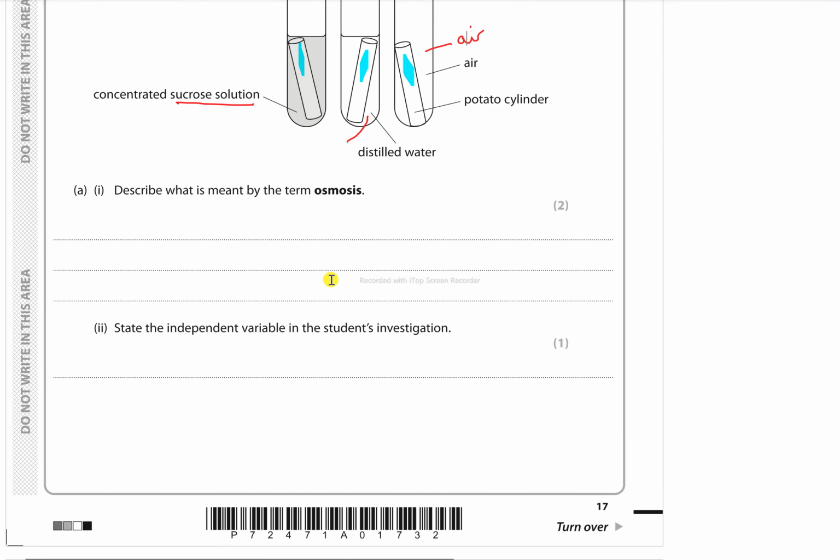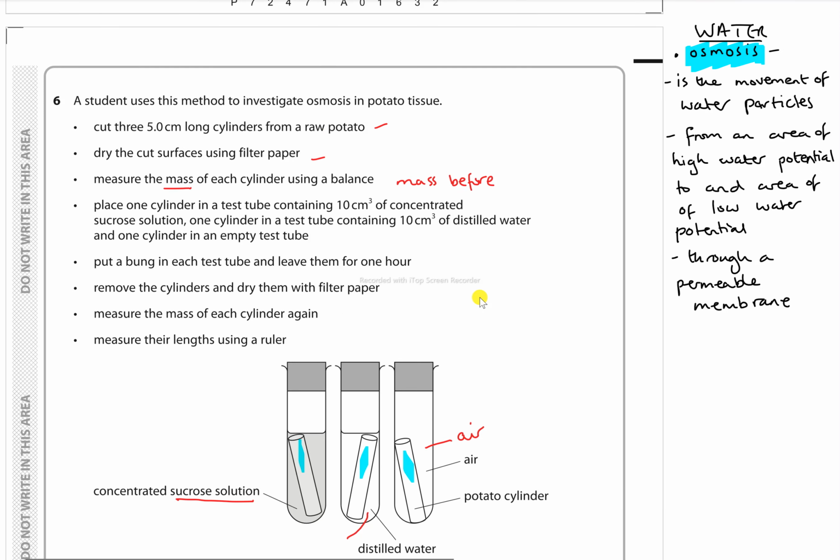Yeah, there you go. There's osmosis. So what did we say osmosis was? The movement of water particles through a permeable membrane. Right, they've written the word partially. P-A-R-T-I-A-L-L-Y, partially.